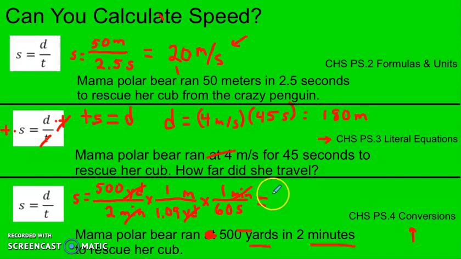So you multiply the entire top row, 500 times 1 times 1, and that equals 500. That's a pretty easy one. And then that goes over everything in the bottom row times itself. I happen to have done this one already, and I know that it is 3.82 because everything else has canceled out. That's 2 times 1.09 times 60 right there.